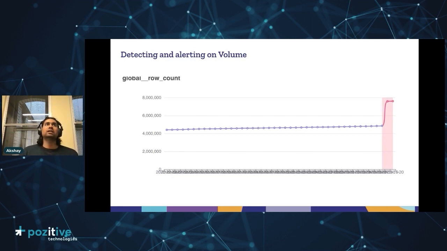When we started ingesting their data, we noticed an unexpected change. This is where implementing a very simple standard deviation check helped. All we did is compare the number of rows today with yesterday, and if it exceeded a certain amount, more than 3 standard deviations, it would alert us. And that helped us catch this.